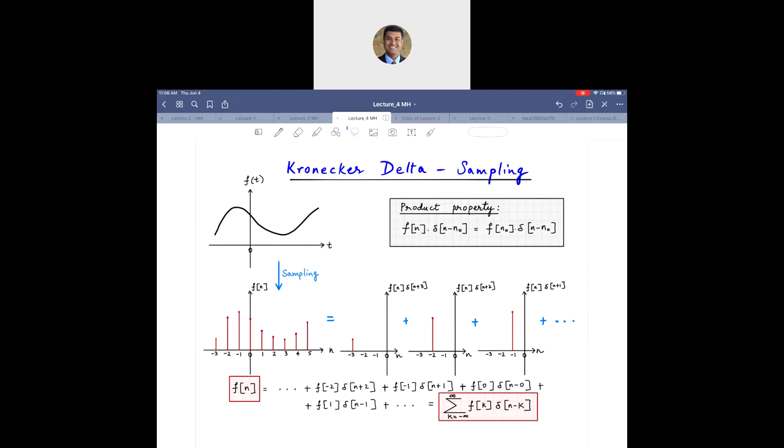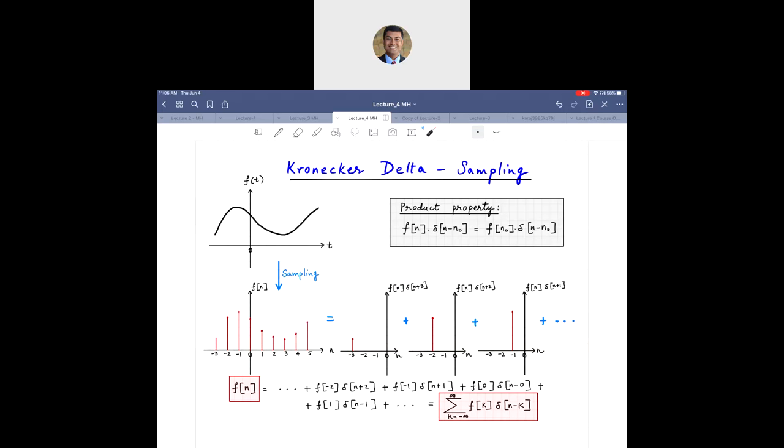So sample first. Once I have those samples, what are they? Those are f of 0, f of 1, f of 2, f of 3, and so on. If I were to represent f of n as a summation of scaled unit impulses, I should also say scaled and shifted unit impulses, all I would have to do is represent each one of those samples as f of n multiplied by delta of n plus 3, which is right there. If I scale that unit impulse by f of n, whatever that value is, I will get that particular sample.